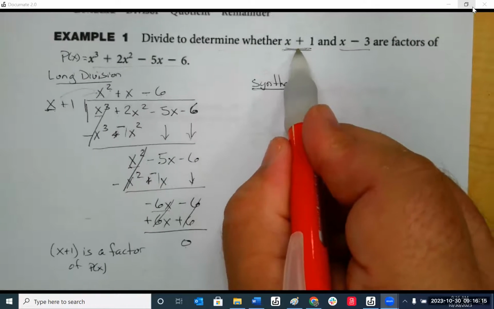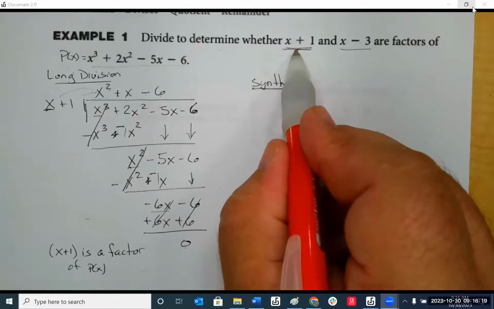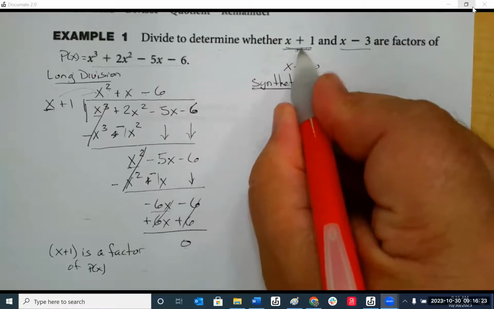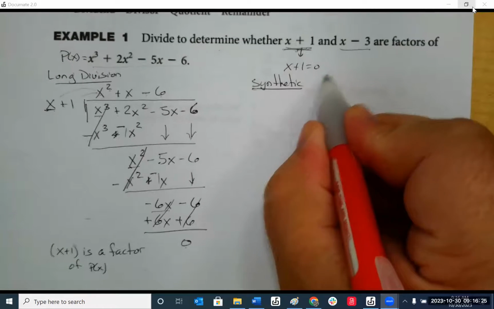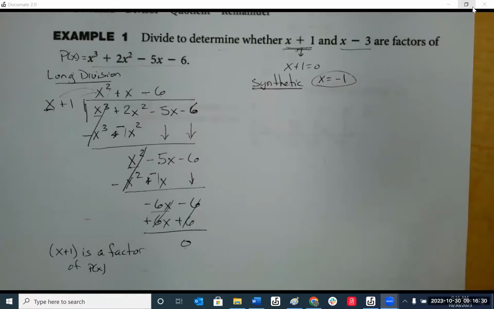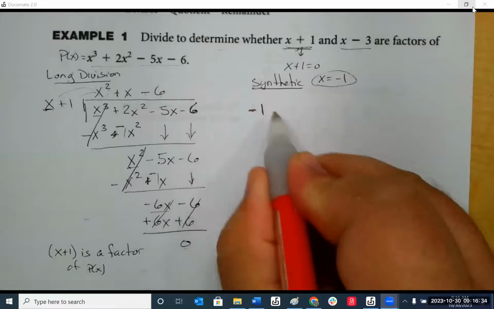We have to take the bottom number, the divisor, and set it equal to 0 and solve for x. So we get x equals -1. Because that number will go out to the side here.